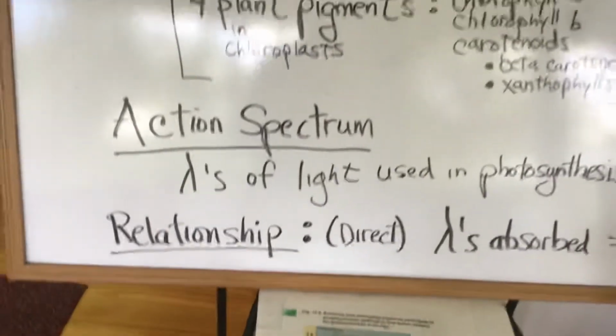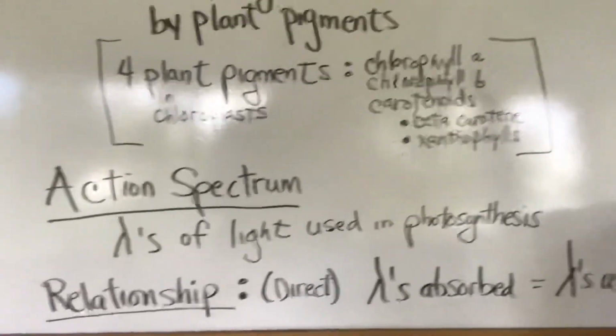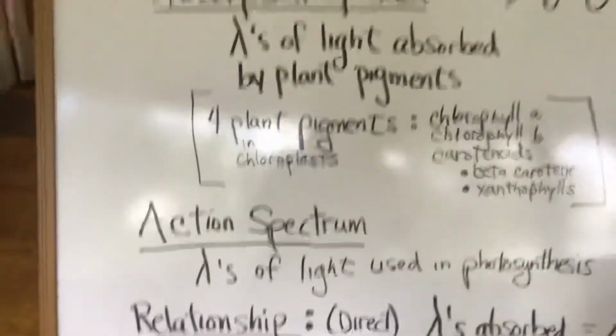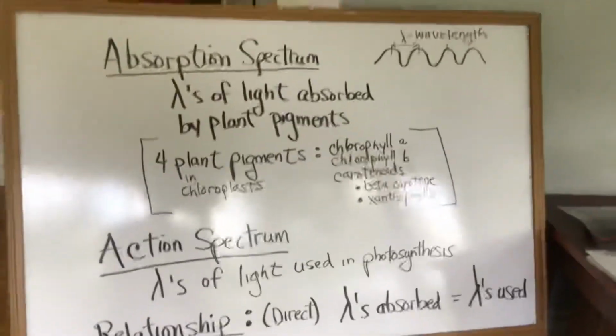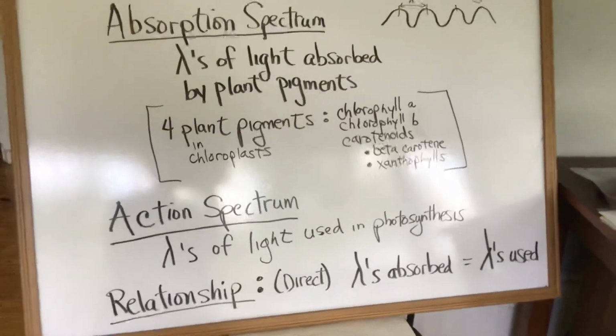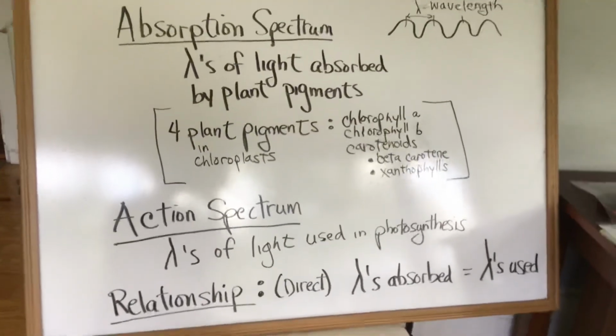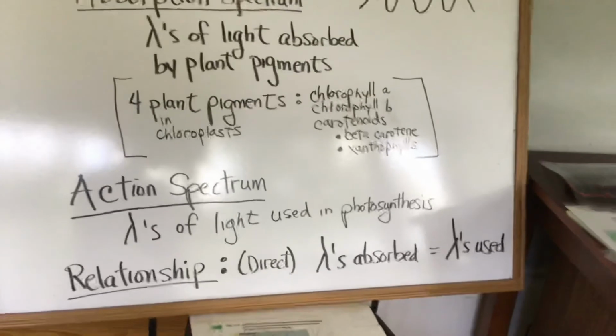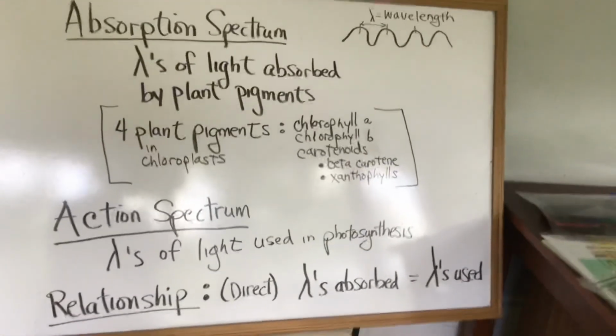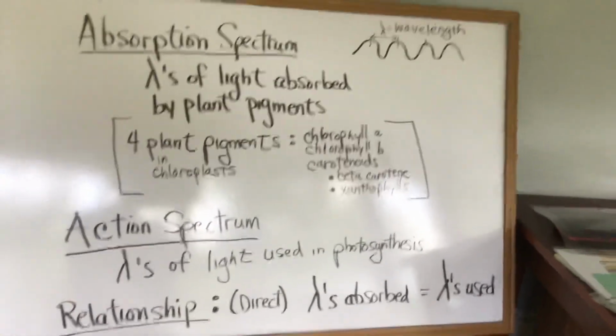So the action spectrum is the wavelengths of light used in photosynthesis. The absorption spectrum is the wavelengths of light that are absorbed by the plant pigments, and the relationship is direct. That is, the wavelengths of light absorbed are the wavelengths of light used.